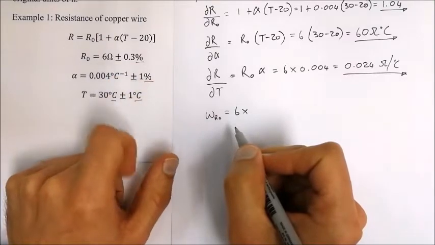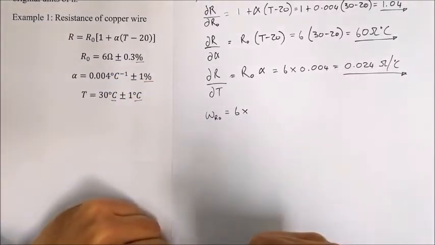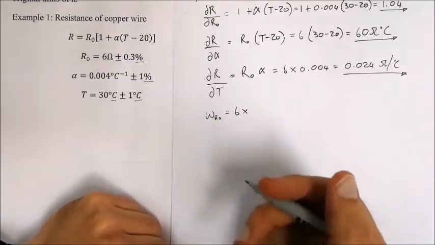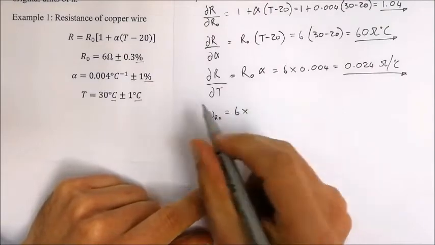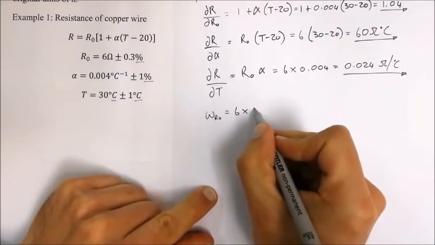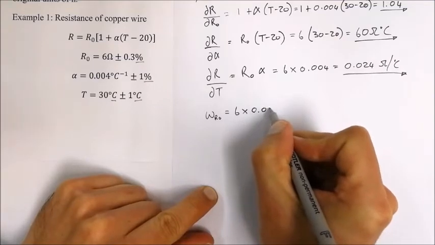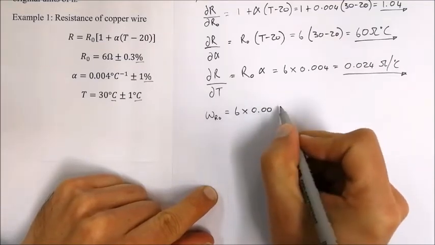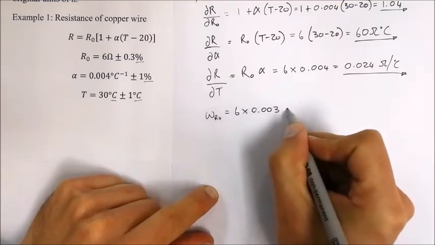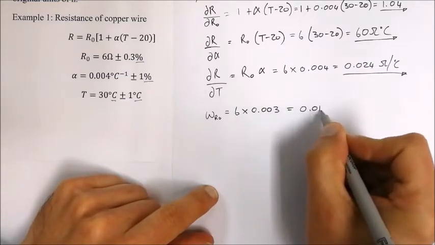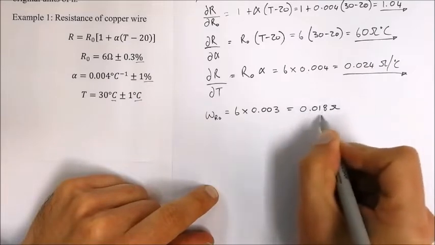Keep in mind that a percentage is a multiplication of 100, so if we take away the percentage sign, we've got to divide by 100. That makes 0.3% equal to 0.003, and that is equal to 0.018 ohm.